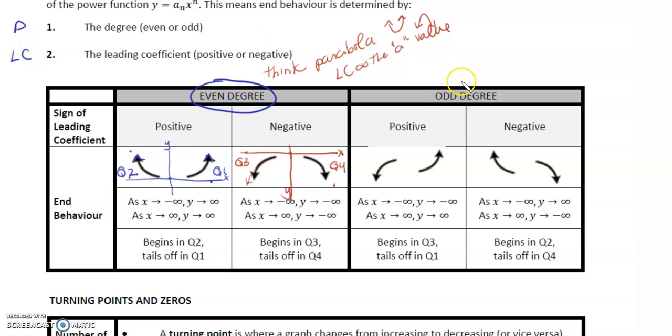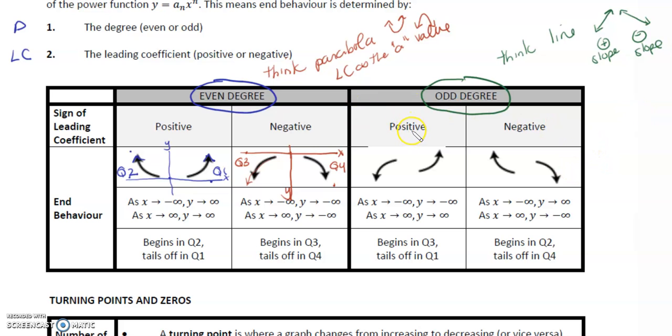Now, if the degree is odd, there are 2 different things that can happen. If the leading coefficient is positive, and remember, for an odd function, think line. So we're either going to go up to the right or down to the right. And then we're thinking like positive slope or negative slope.